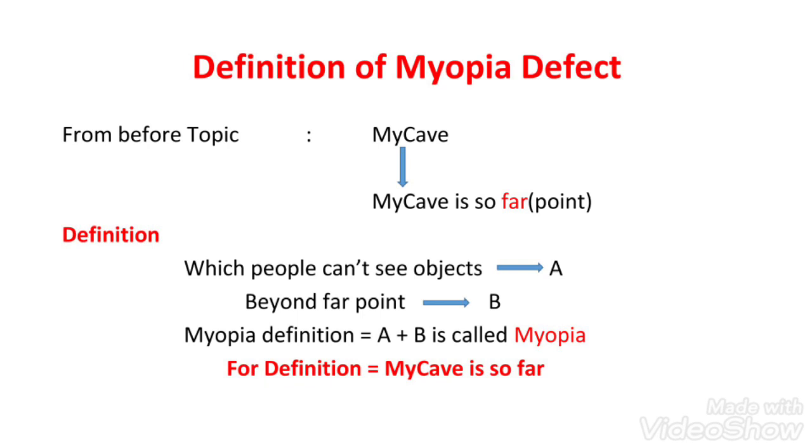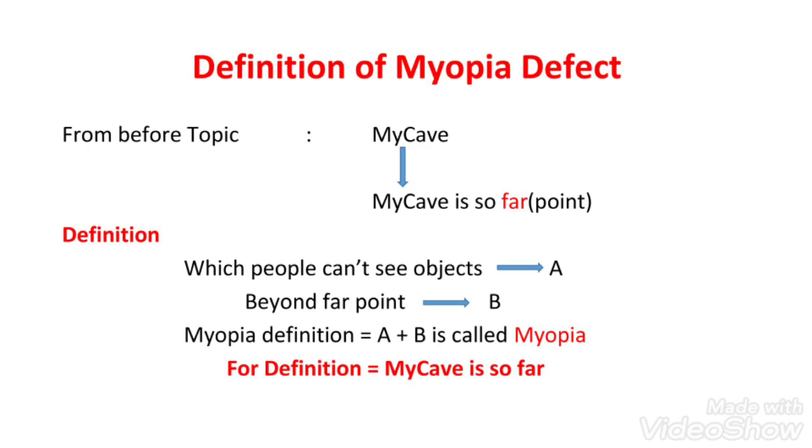So for the definition, which people cannot see objects far, I am taking as equation A. Behind far point, that is B. B means behind far point equation.